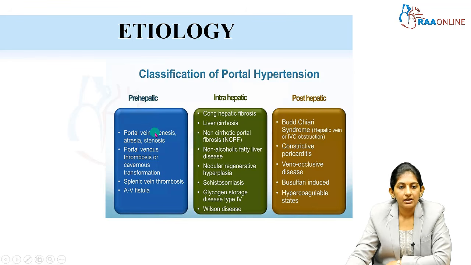There can be an abnormality in the portal vein: agenesis, atresia or stenosis, or very commonly portal vein thrombosis. When there is an umbilical vein catheterization, portal vein thrombosis is common, or a splenic vein thrombosis or an AV fistula. This is the prehepatic group.